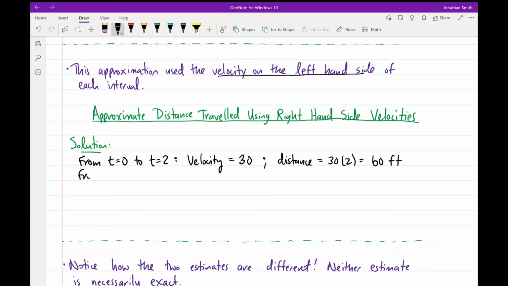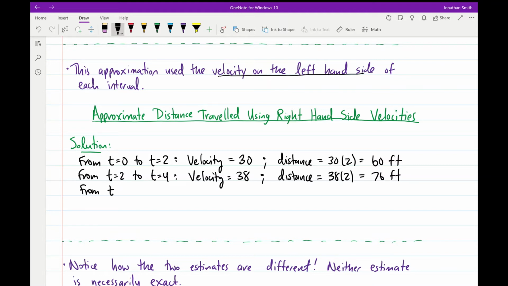Okay, we can do this again from t equals 2 to t equals 4. This time the velocity is equal to 38, I believe, because again we're using the right-hand side of the interval now. So the distance is equal to 38 times 2, which is 76 feet.